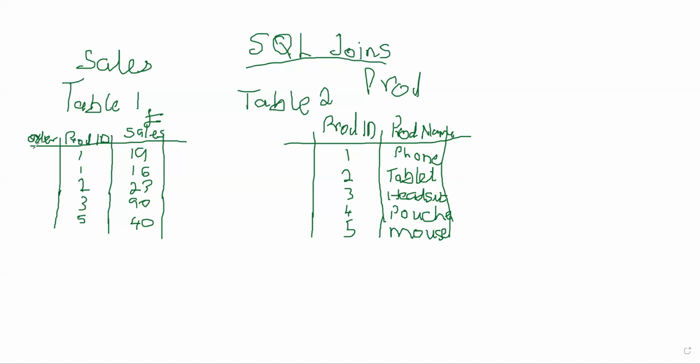The first one is inner join, which is like the original kind of join. So in this inner join, what do we have? Where are my shapes?